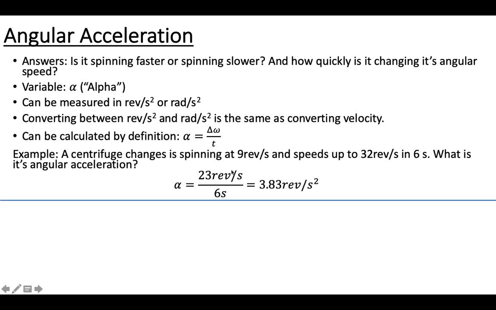It changed by 23 revolutions per second. And then we divide by the time, 6. 23 divided by 6, you get 3.83 revolutions per second squared. Okay, same thing you would do if it was regular velocity, just a little bit different units.